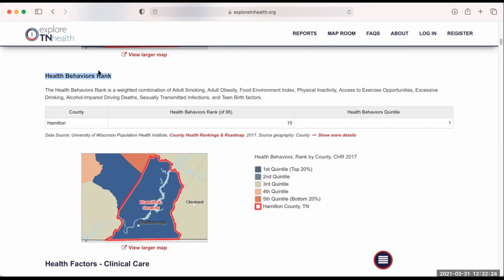I'll say with some local pride, our health behaviors as ranked here look like Hamilton County is doing pretty well. Yay us. That probably has something to do with the natural beauty, the tons of hiking and biking trails, fishing streams, and all these things that get people outdoors and exercising.